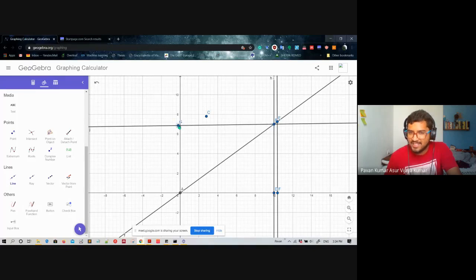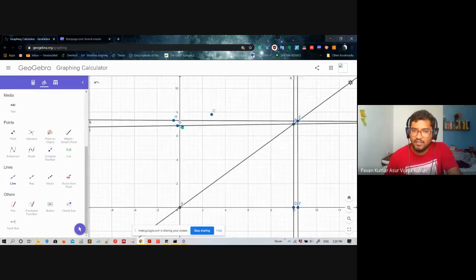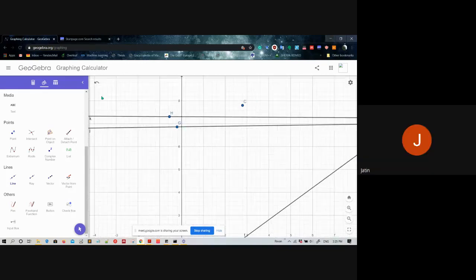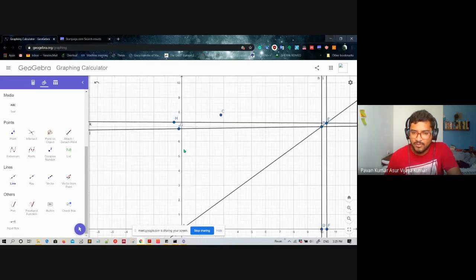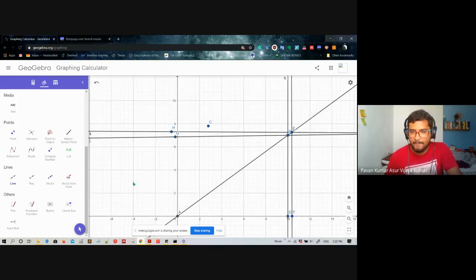This point g is f of x, right? And this point is f of x plus h, right? The distance between g to 0 would be f of x. Distance between h to a is f of x plus h, correct?